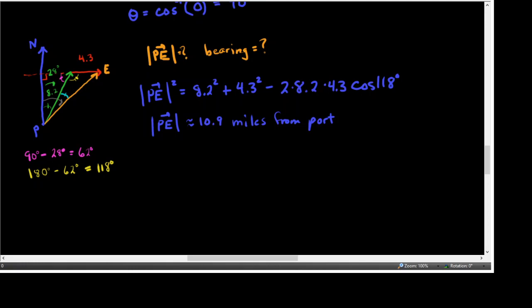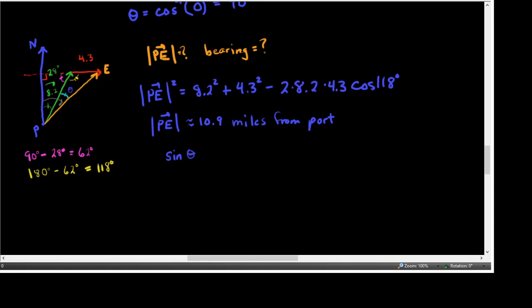We know that the sine of that turquoise angle, let's call that theta. We haven't used theta yet today in this problem.